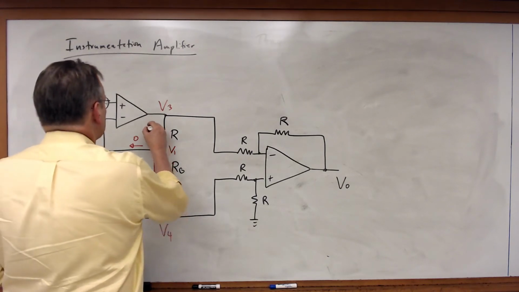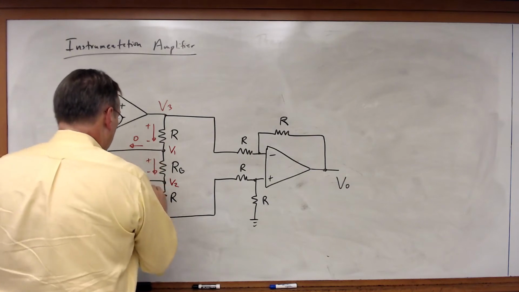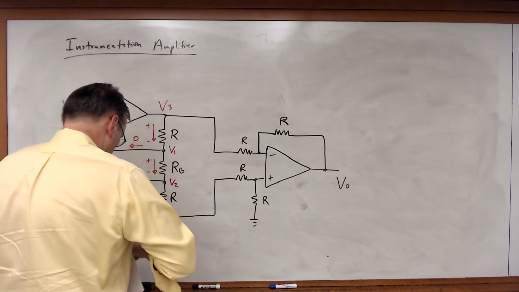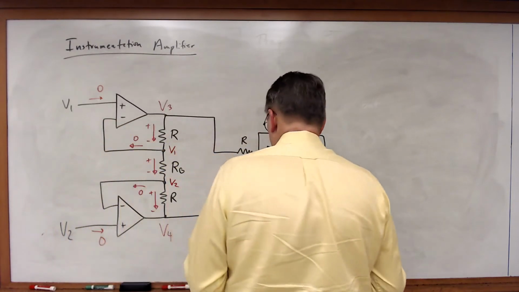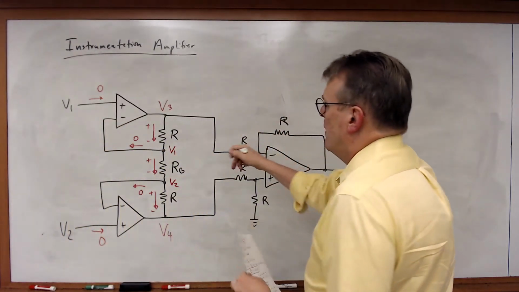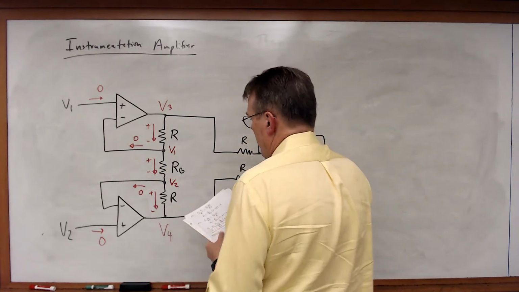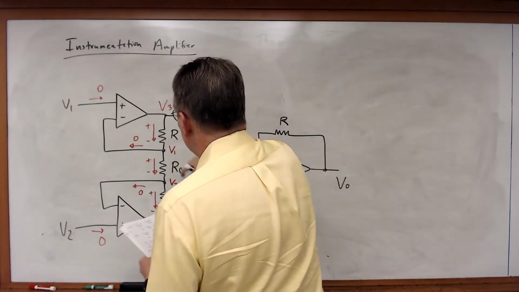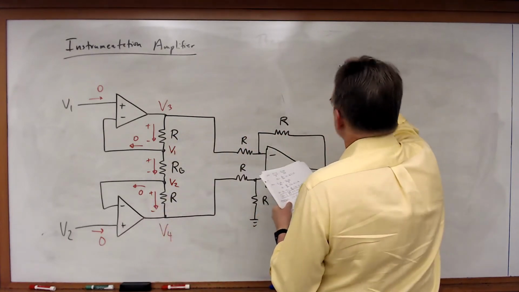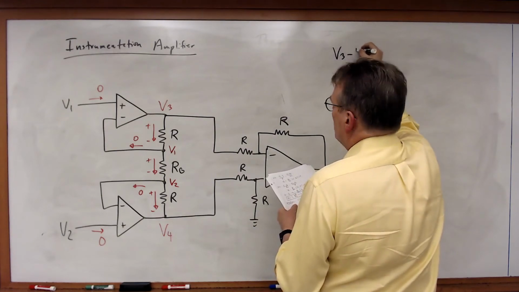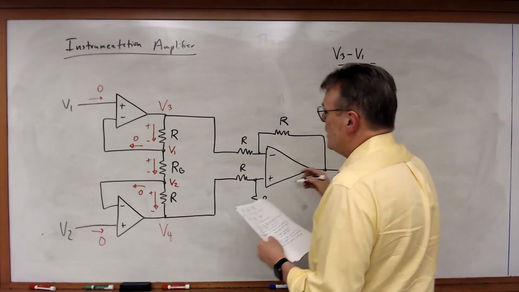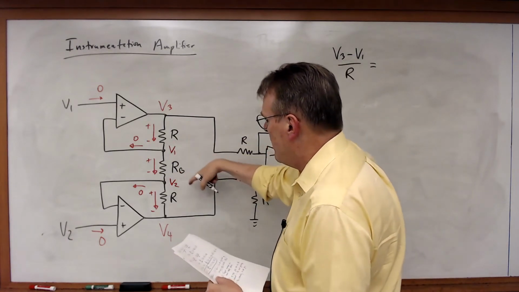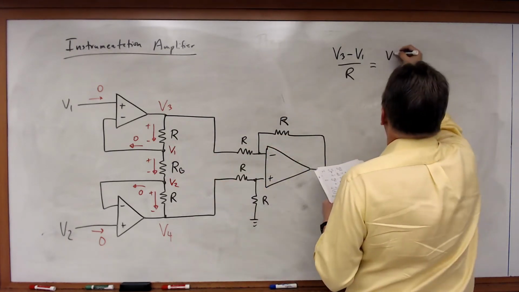So in this case, we can go through and write some KCL equations. For my node here, what I've got is that V3 minus V1 over R must be equal to V1 minus V2 over RG.